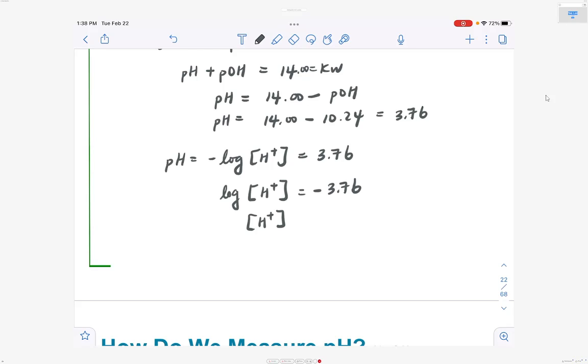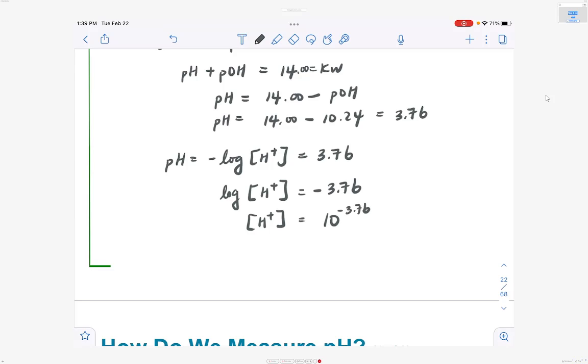To find the concentration of proton, we need to find the anti-logarithm of negative 3.76. So it's going to be 10 to the negative 3.76, or inverse log.